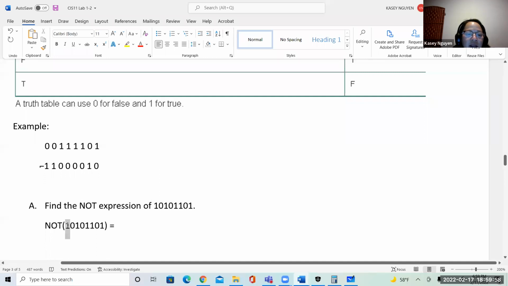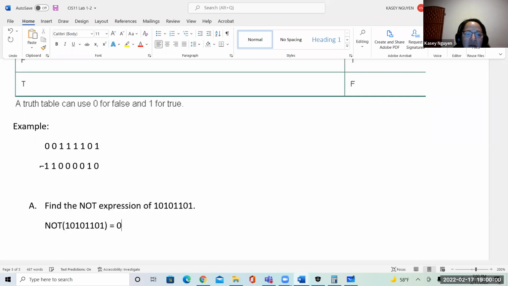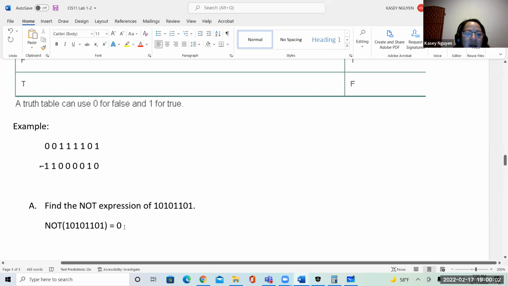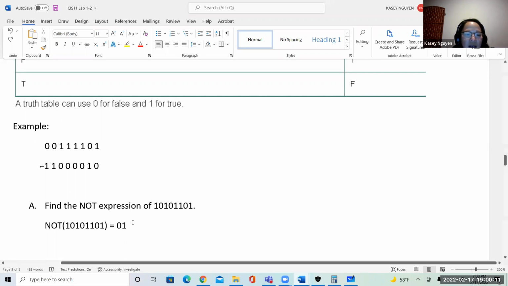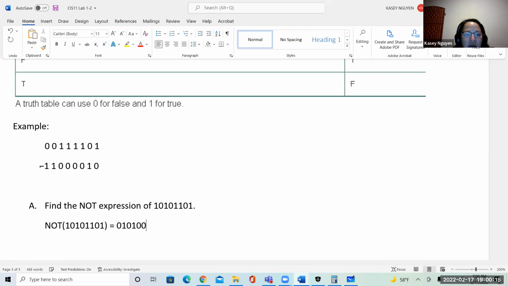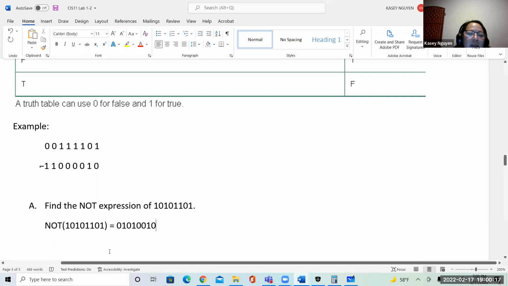So the 1 here is going to become the 0. The 0 here is going to become the 1, and so on. So we have 0, 0 here, 1, 0, 0, 1, 0. So it only requires one input.